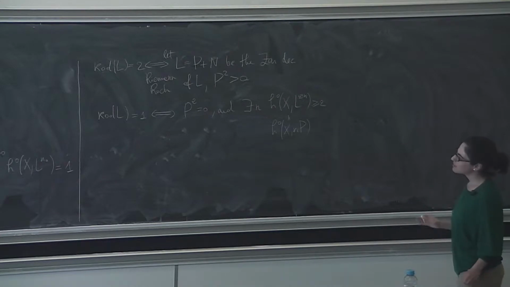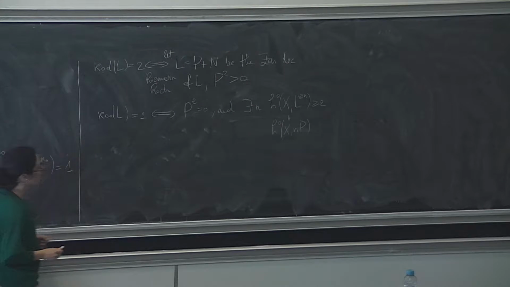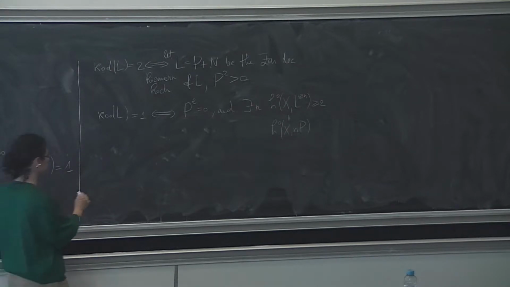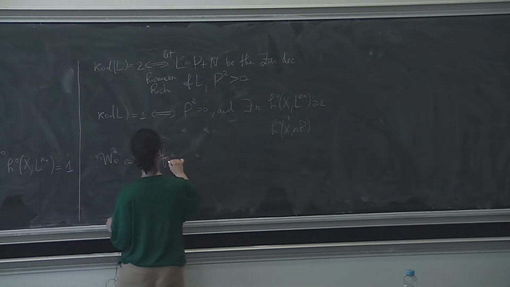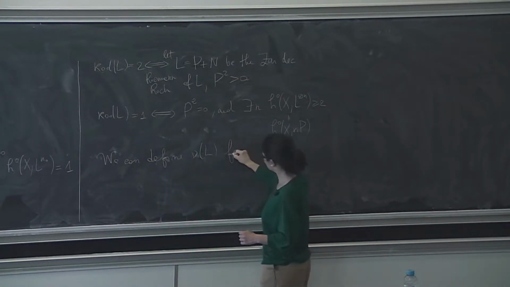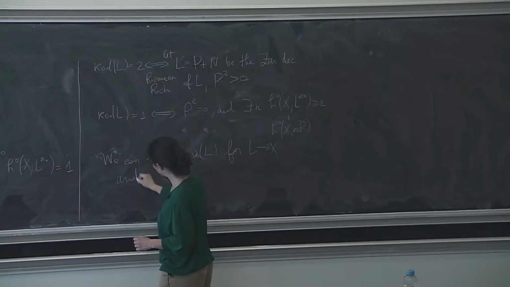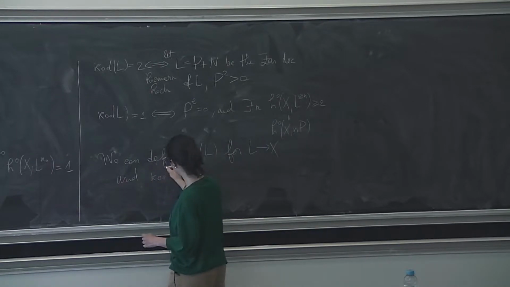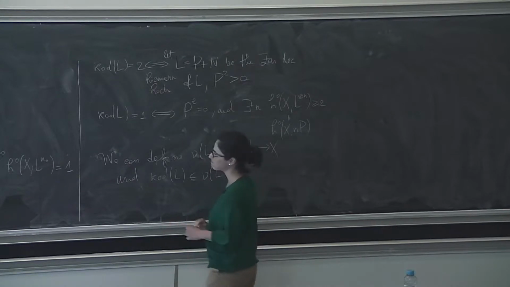Okay, and then, so I gave you the definition of the numerical dimension. We can define the numerical dimension in general, for any L. And we have the inequality: the Kodaira dimension of L is at most the numerical dimension.